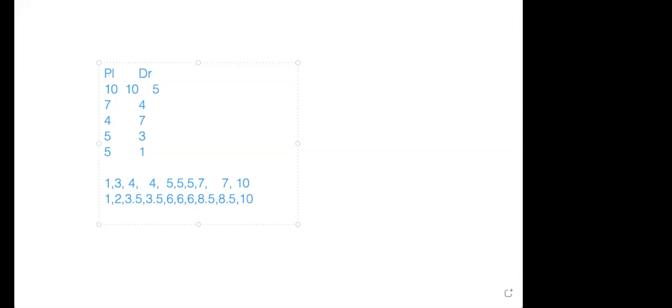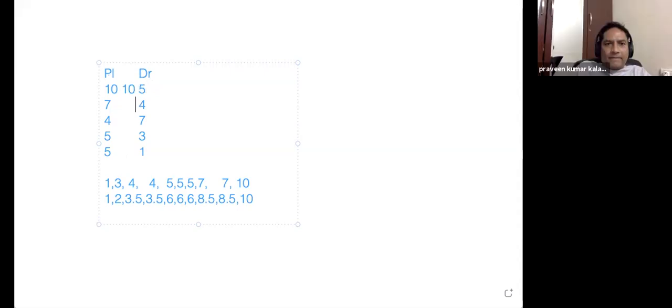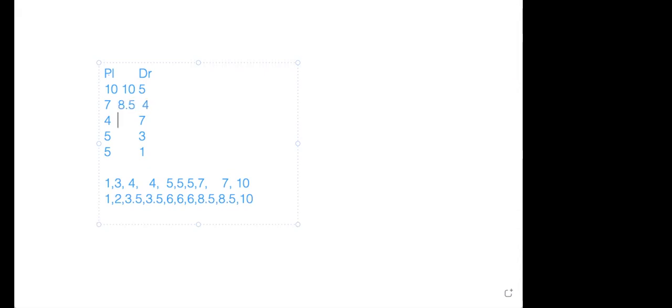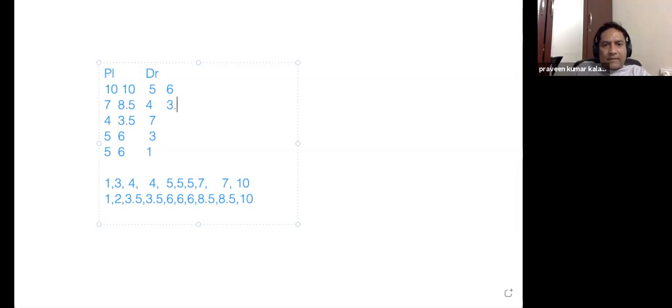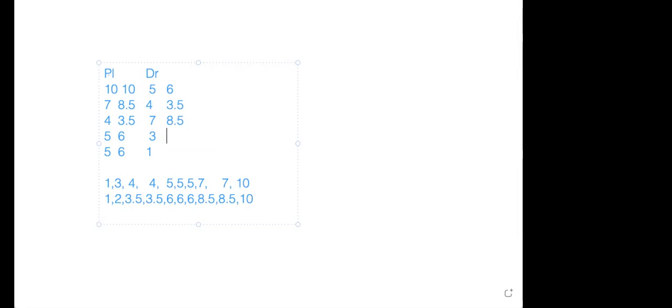Then the second group: 10, 8.5, 8.5, 3.5, 3.5, 3.5, 6, 6, 6, 6, 6, 3.5, 3.5, 3.5, 8.5, 3.5, and 2 and 1.